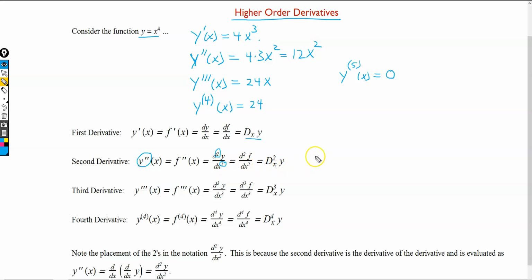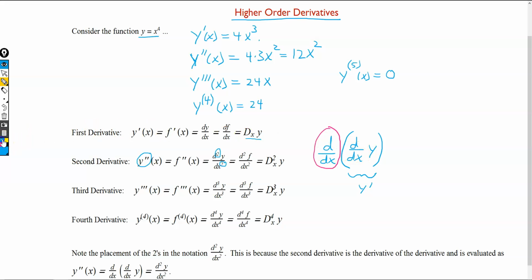The reason we have the 2's located there is because when we take the second derivative, we're thinking of taking the derivative of our derivative function, the derivative of our derivative of y. So you see right here would be our first derivative, that's just y prime, and then this indicates that we're taking the derivative of the derivative.